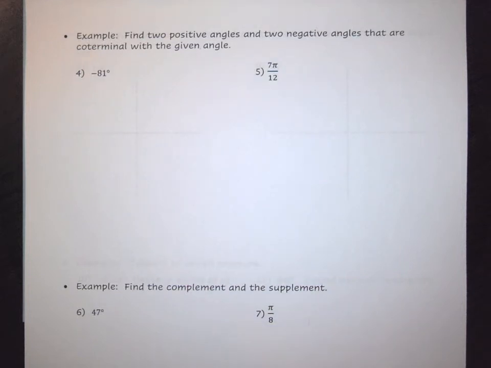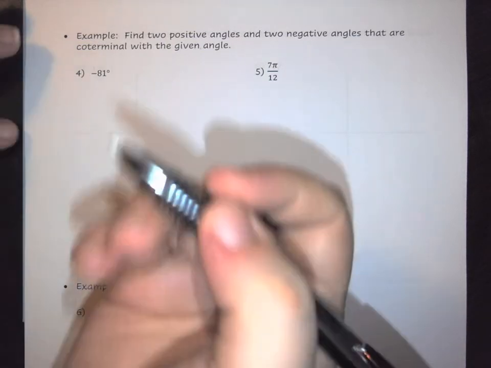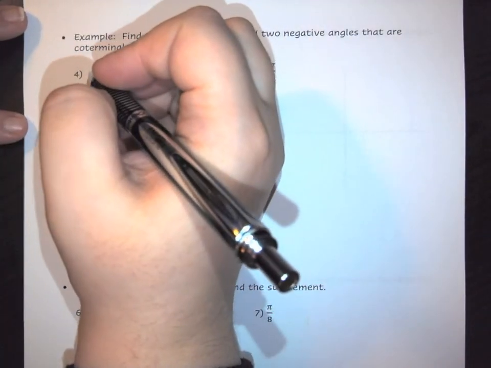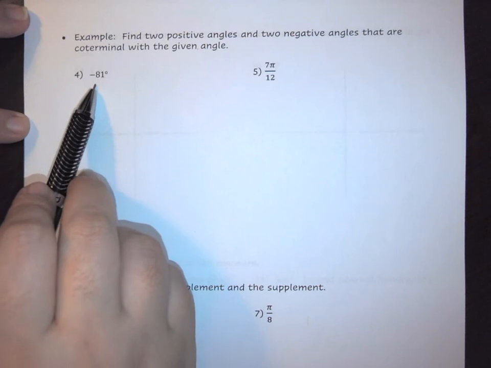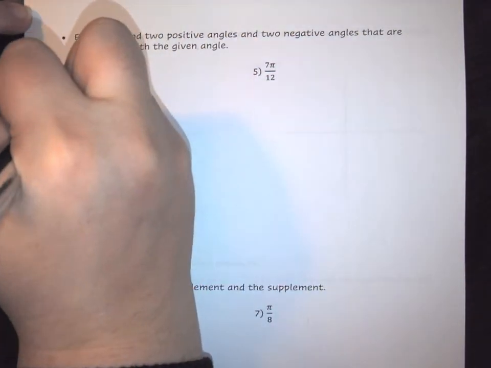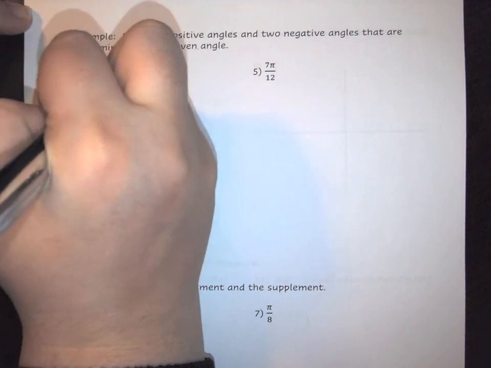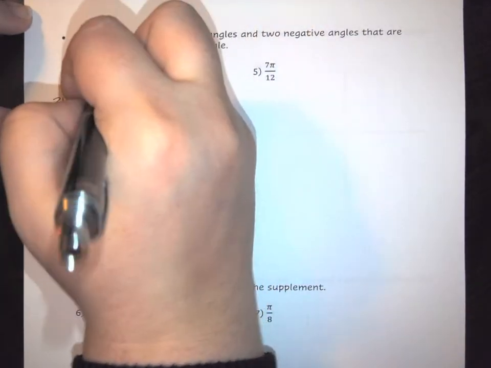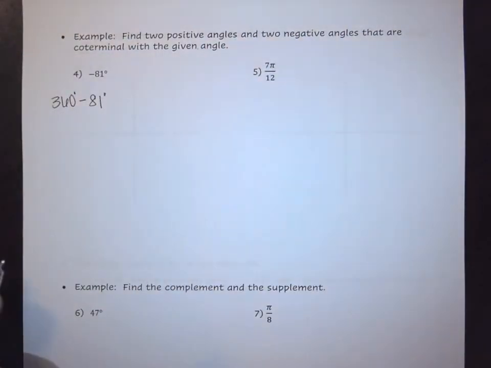Okay? So the easiest thing to do is to go ahead and figure out what is the positive equivalent to this negative 81 degrees. So you're going to take 360 and subtract away that 81 degrees, and what this does is it gives you the simulation that you have moved that negative degree measure.